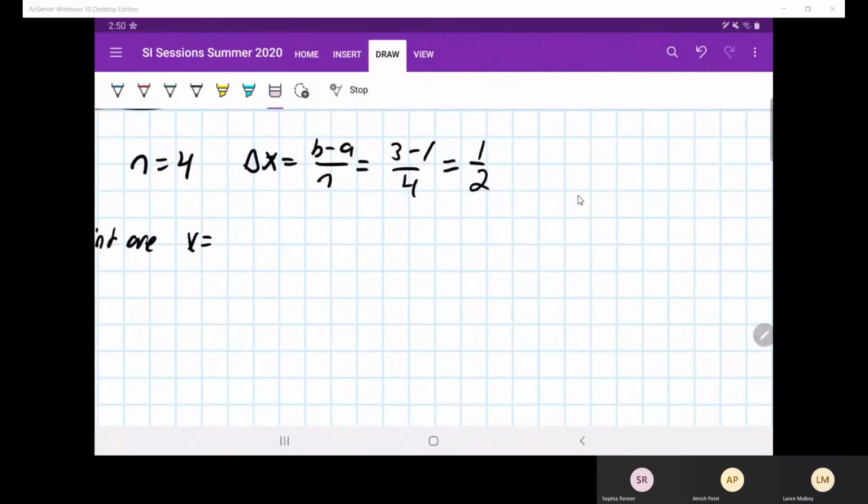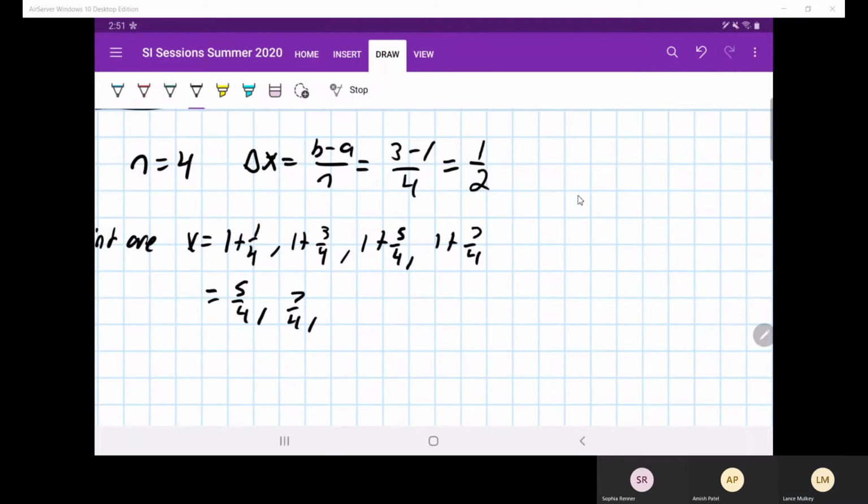So delta x, so the x is equal 1 plus 1/4, 1 plus 3/4, 1 plus 5/4, and 1 plus 7/4, because we're starting at 1, not 0. And that equals... those are your midpoints.